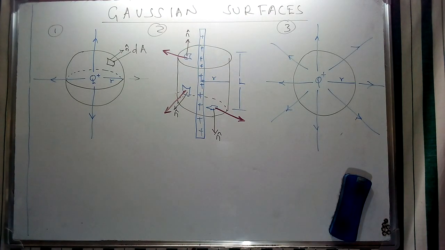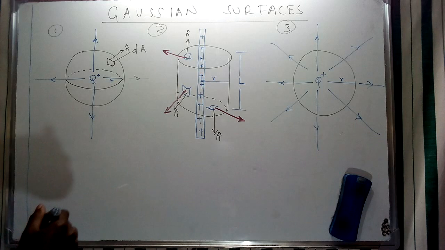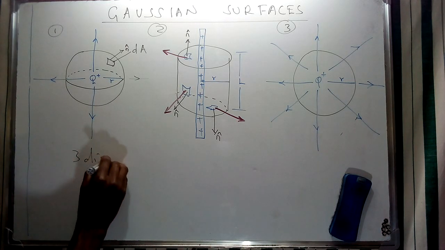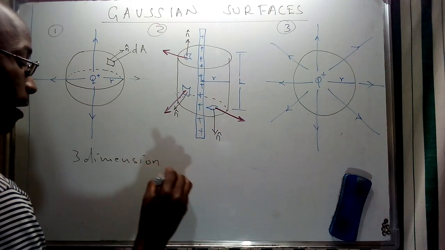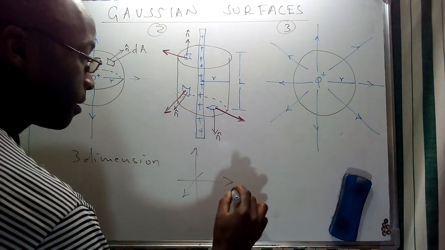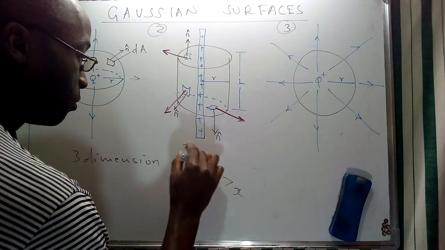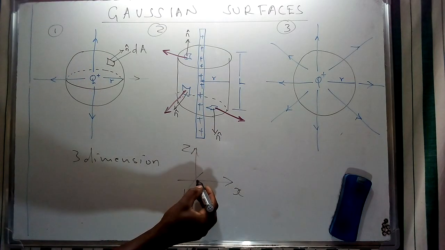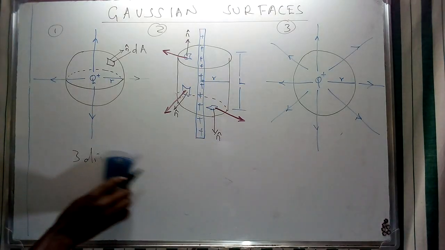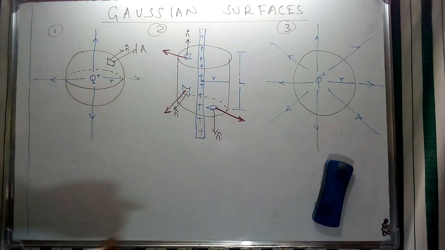Now a Gaussian surface is going to be a surface in three dimensions. In our Cartesian coordinates, we can give this illustration for x, y and z. So a Gaussian surface is a surface in three dimensions which is enclosed and where the flux of a vector field is determined.